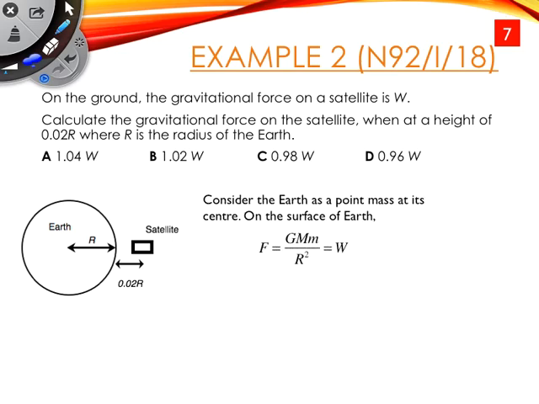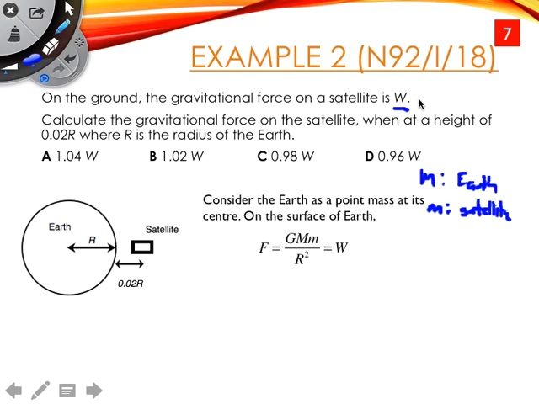On the surface of Earth, my separation from the center is R, the radius of Earth. So I apply G, capital M, and small m over R squared, where M is the mass of Earth and small m is the satellite. This gives me W as indicated by the question.